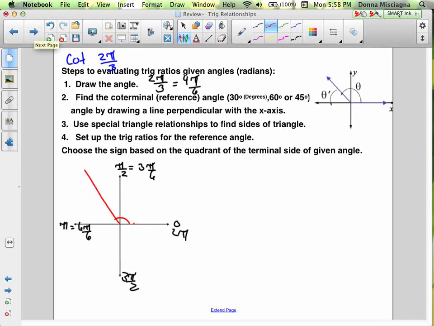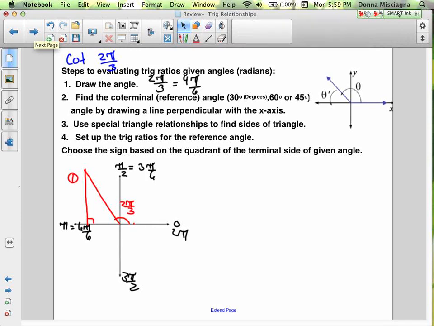All right, so there we've drawn our angle. Oh, instead of 4 pi 6, I'm going to write 2 pi thirds. I'll write it in reduced form. So here is 2 pi thirds. And then we can draw our triangle, which goes straight down to the x-axis. All right, that is number 1. There we go. We have done step number 1.